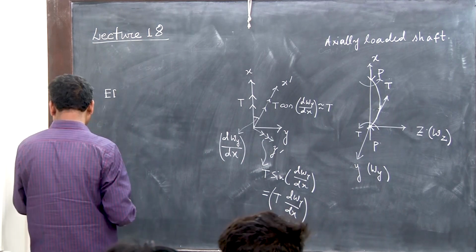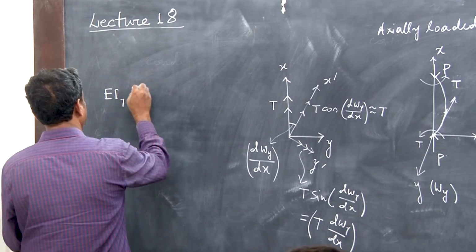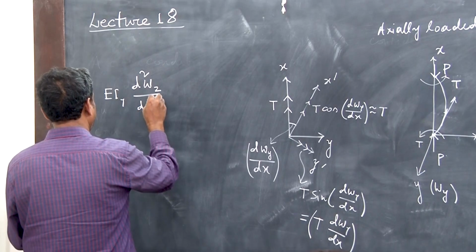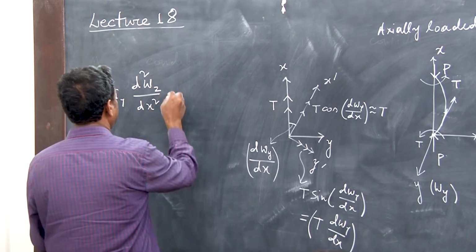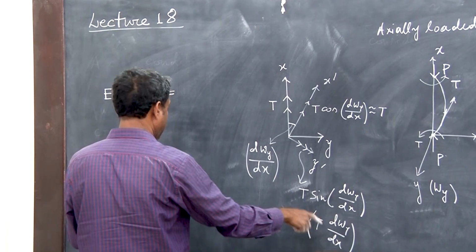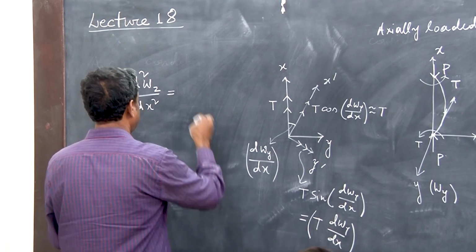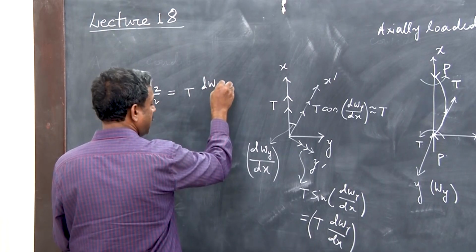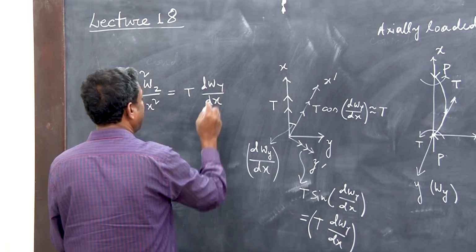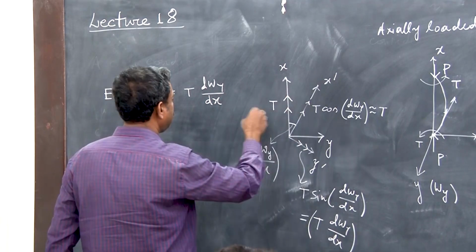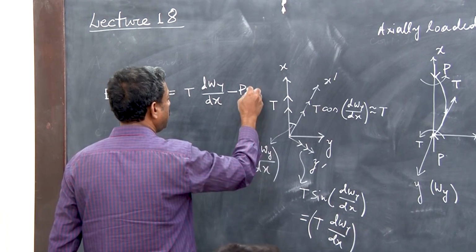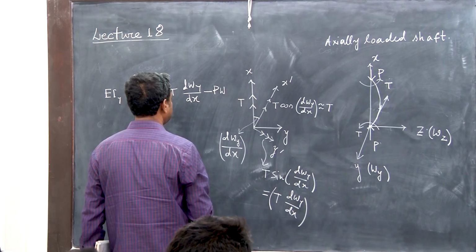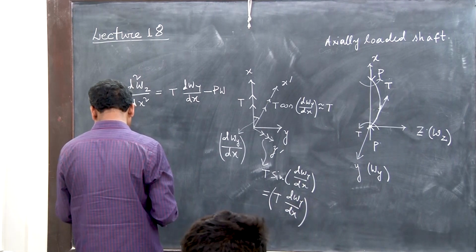So I may write EIy d2Wz by dx2 equal to T dWy by dx, and along with that, because of the axial force, there will be an additional bending moment P into Wy.